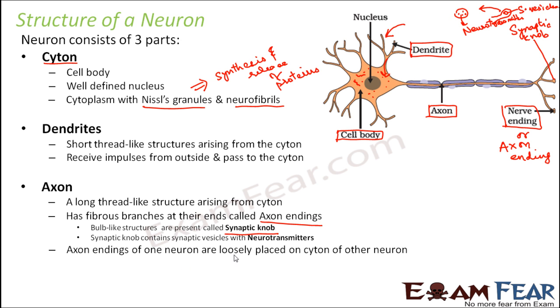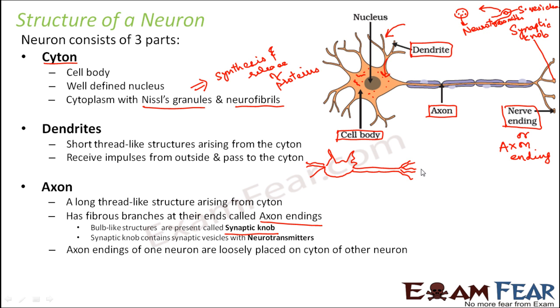Axon endings of one neuron are loosely placed on the cyton of another neuron. That means this axon ending is going to be connected to the dendrite of another neuron or the cyton. Let us suppose this is one neuron, and these are the axon endings of that neuron.